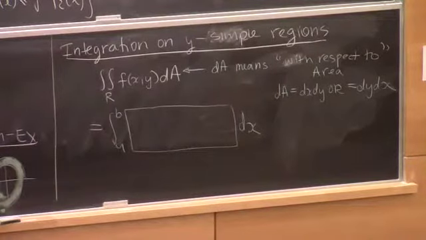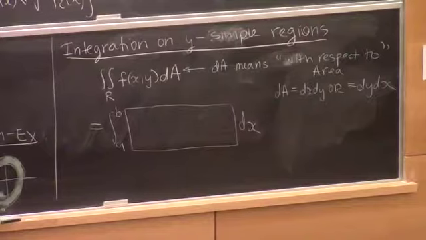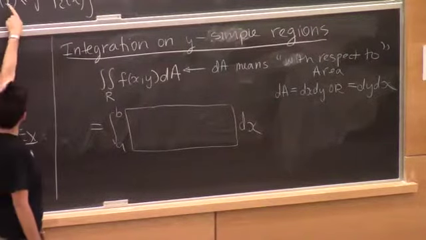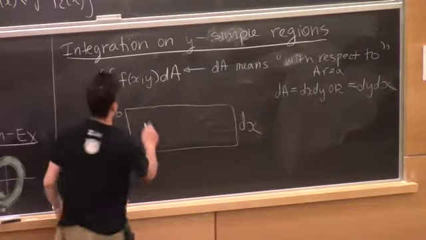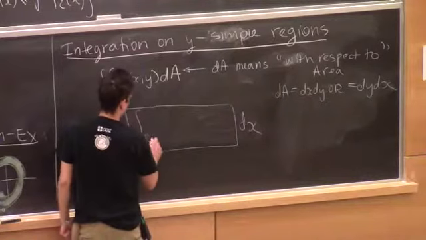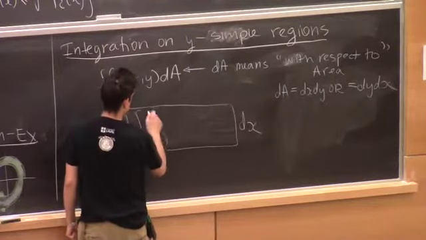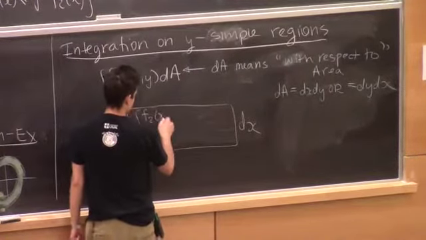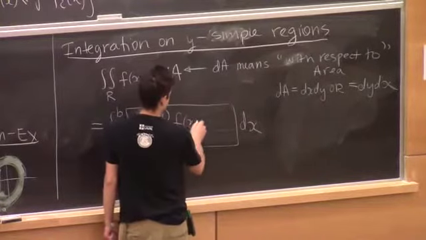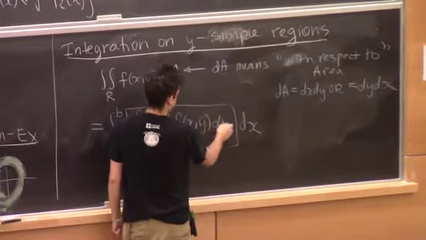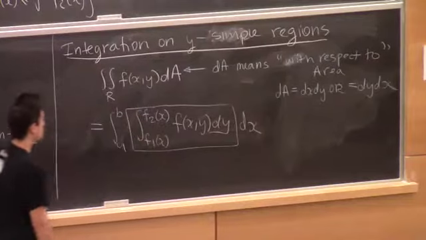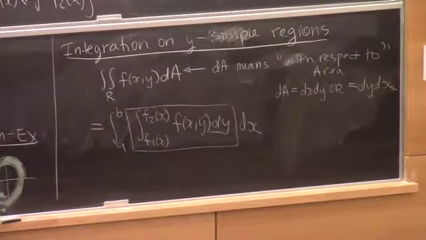Okay, so let's say x runs from A to B, and now y will run from f1 to f2. Okay, so we integrate in y between the bounds that the simple region gives us.